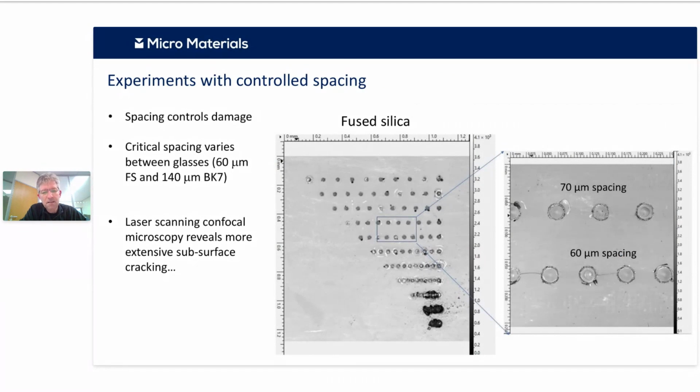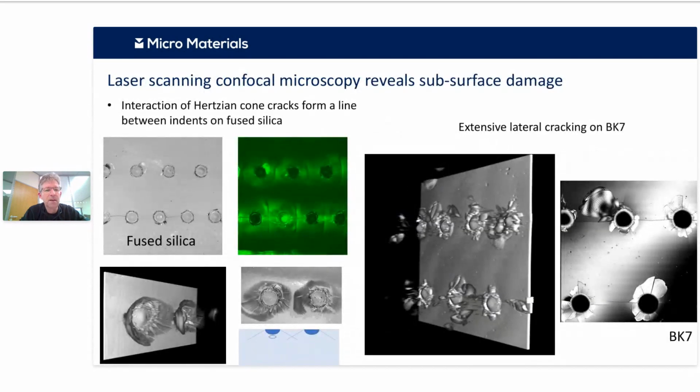Because they're glasses, they're transparent, and that allows us to get more information out of laser scanning confocal microscopy. Here's some work we did, particularly with Hanno and Peter at MPL. On the left is fused silica, and you can see some subsurface information that you can obtain, in these images under green light.